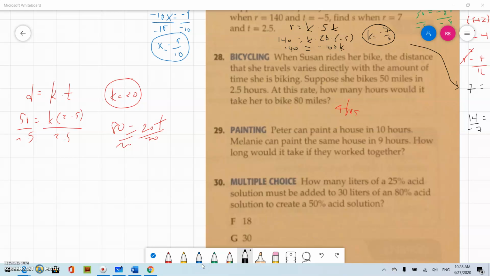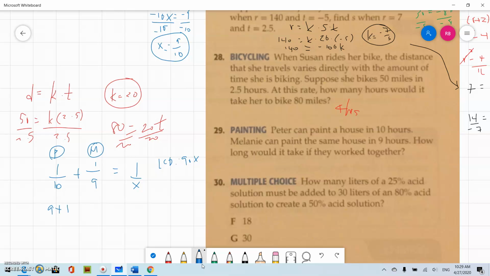Peter can paint a house in 10 hours. So let's consider painting the whole house as 1, and Peter can paint it in 10 hours. Melanie, however, only takes 9 hours. And what happens if they work together? Right, because x is the amount of time that it will take them together. So the LCD is 90x, and we multiply 90x to everything.